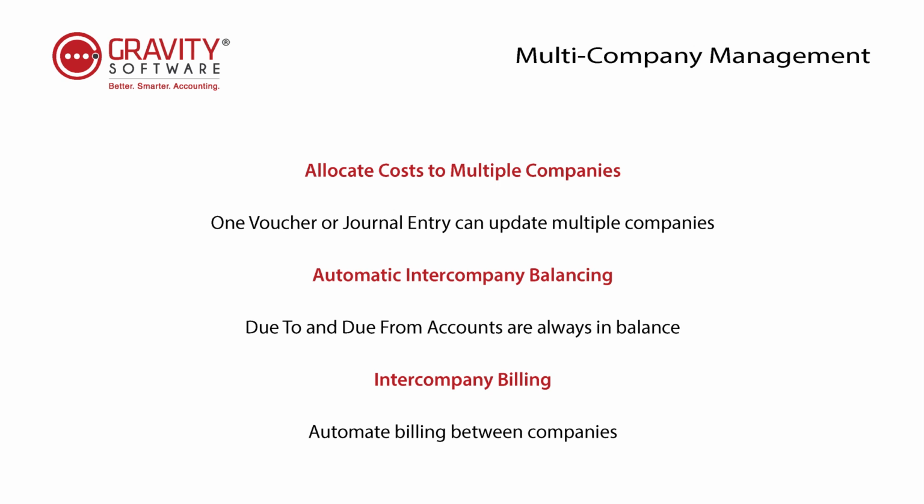This makes it really easy to do one activity, one transaction. When that transaction is posted, each company will get their share of the expense as you've delineated on the line items, and the due tos and due froms between the companies are all balanced by us. So you don't have to open up each company separately, remember which portion is theirs, transpose numbers, or forget to put one piece of it in.